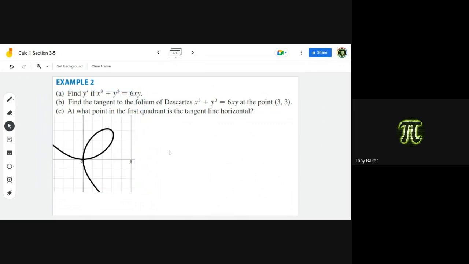Okay. So this is a named one. It's known as the folium of Descartes. He decided to name it after he drew it.